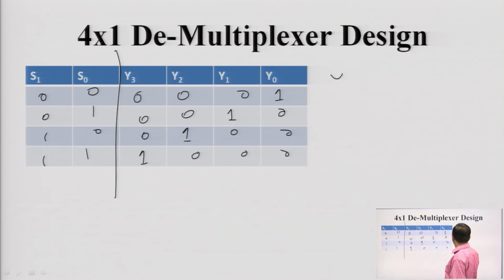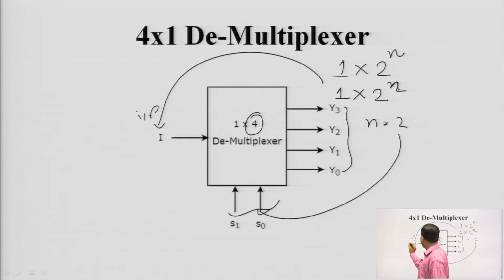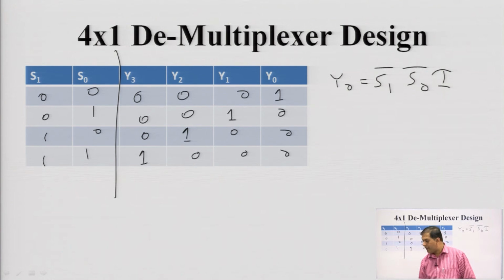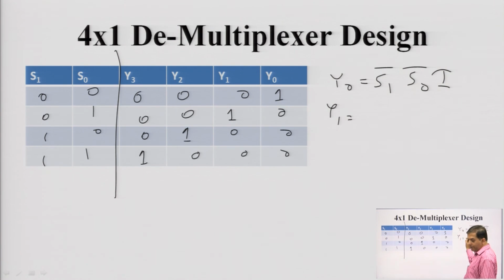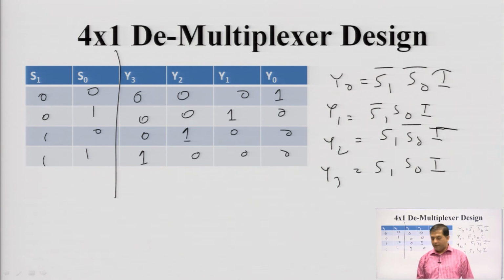So, y naught will be for this one, S 1 bar, S naught bar and I, because we are having input as I. So, the input combination will be for I. Then y 1 will be S 1 bar S naught I, y 2 will be S 1 S naught bar I, and y 3 will be S 1 S naught I. So, this is the thing, and we can design it using logic gates.